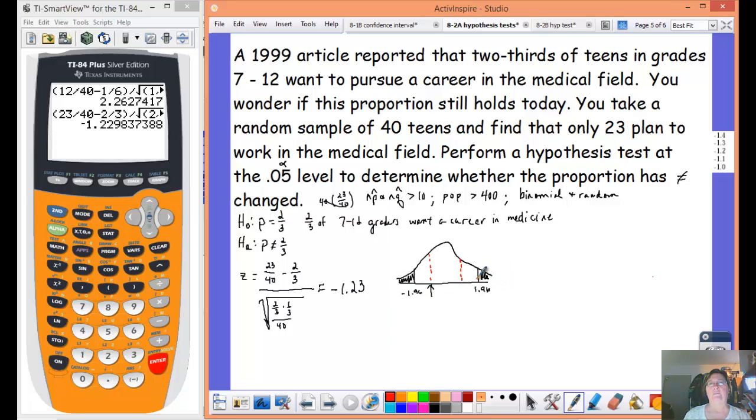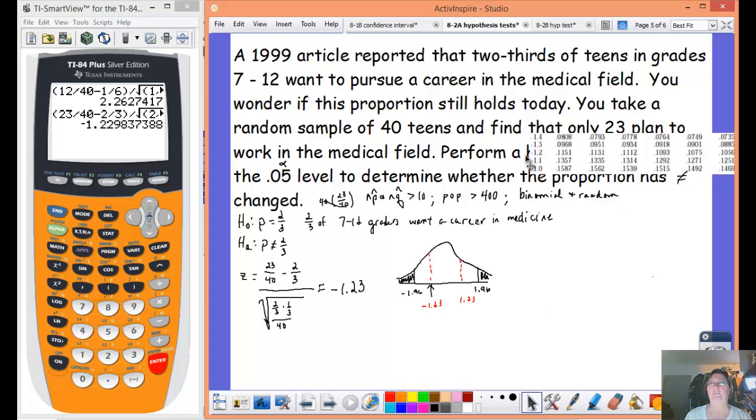And if you think about that for a moment, we can check the probability that you would land either less than negative 1.23 or more than positive 1.23 by just looking at our z-table. And you can see that I have a little snippet of a z-table up here.